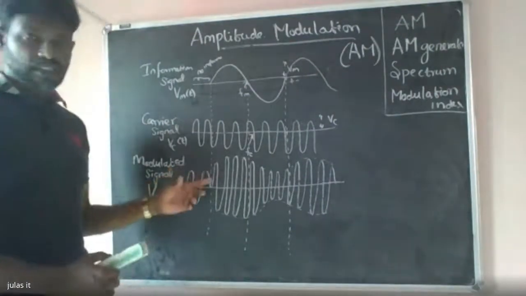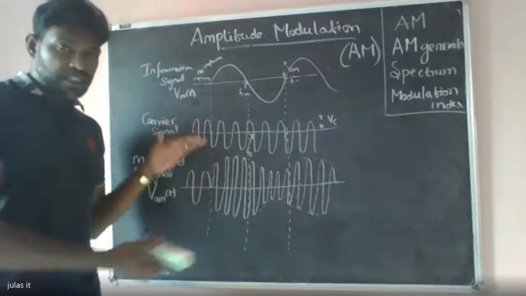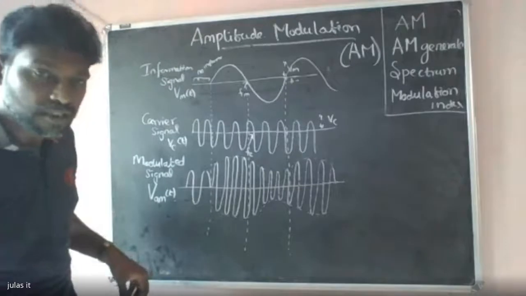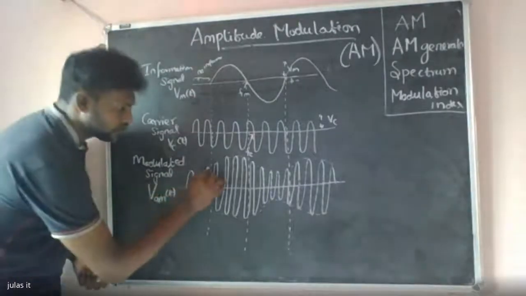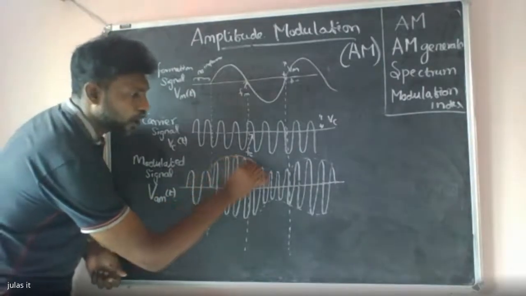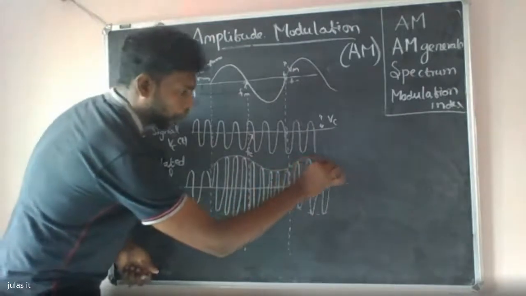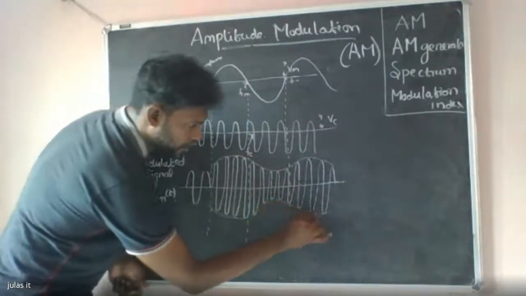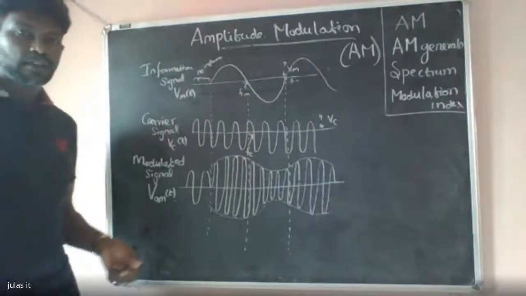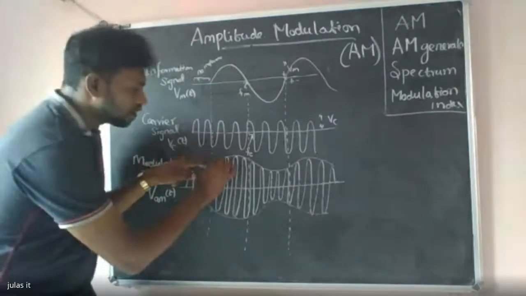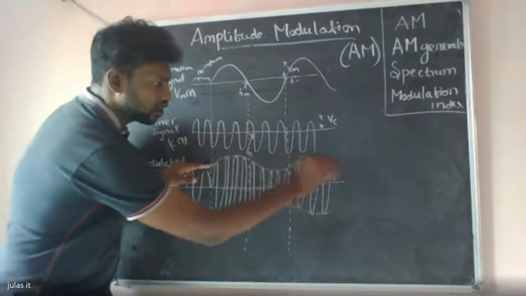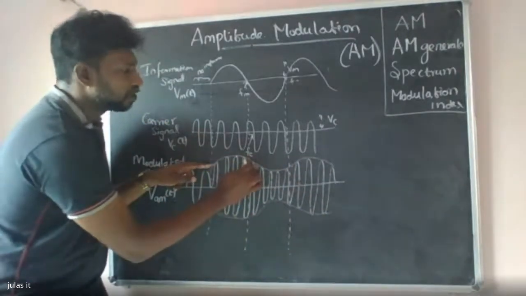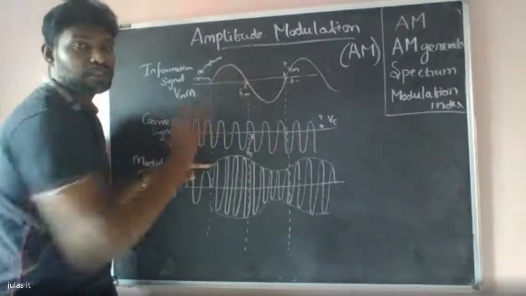So if you see the shape of the signal, the outer layer of the signal will be the same as your information signal.